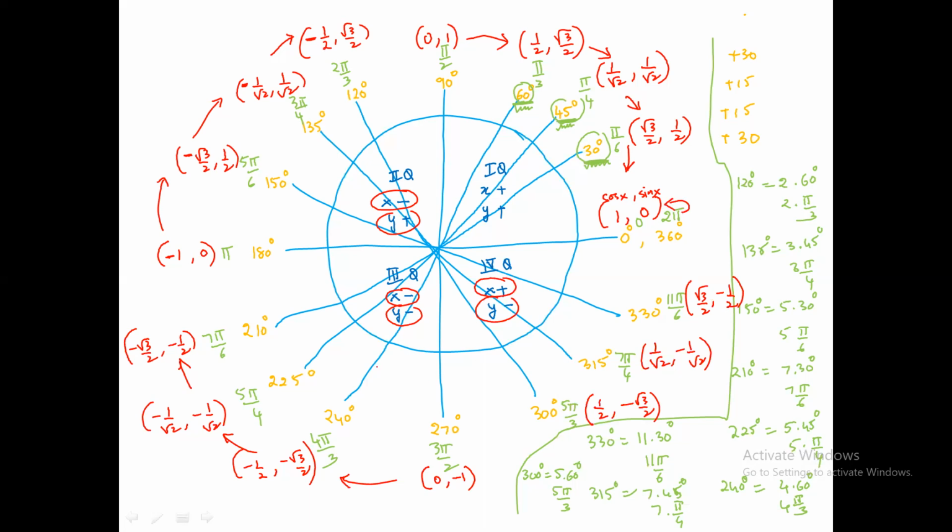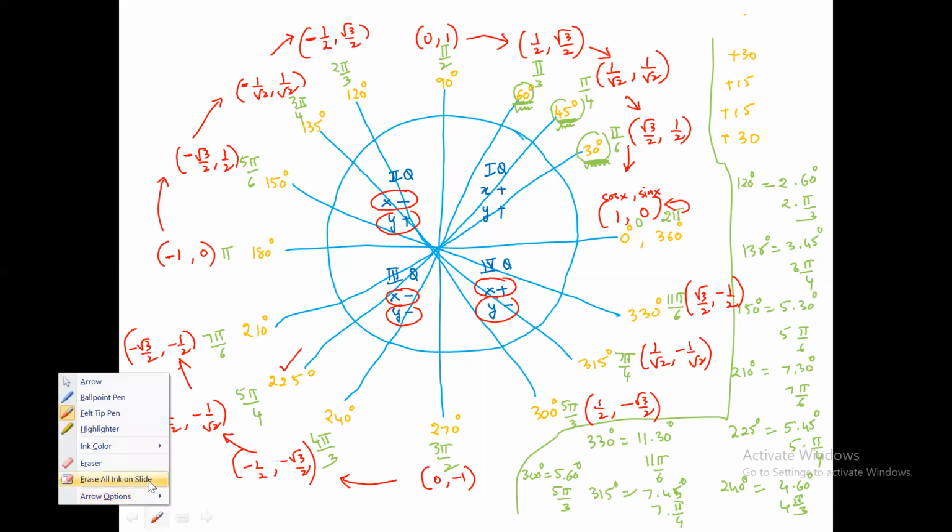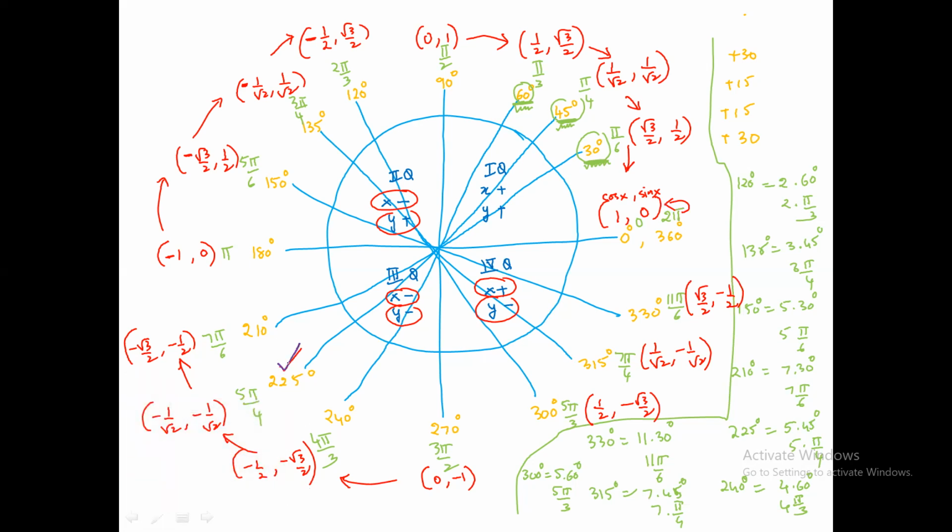So if you remember how to draw this circle, you will know many values. Suppose I ask you what is sine 225 degrees. So look at the circle. 225 degrees is here, I will show with violet color.